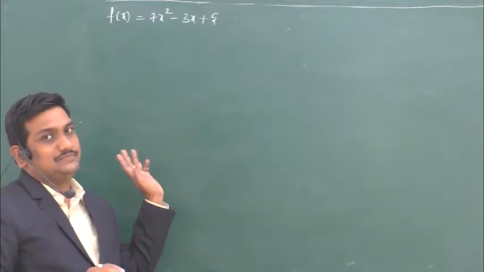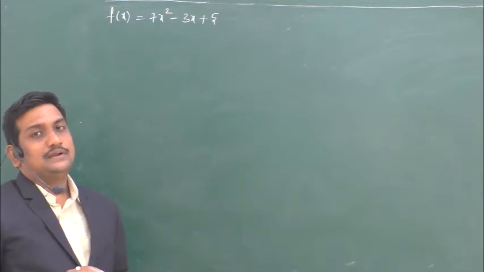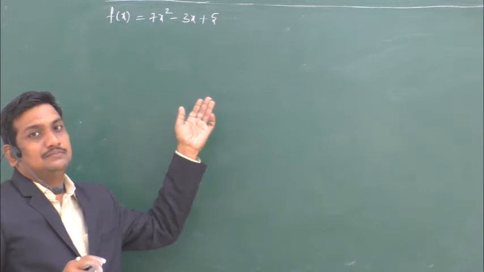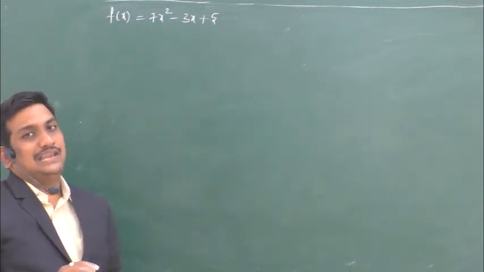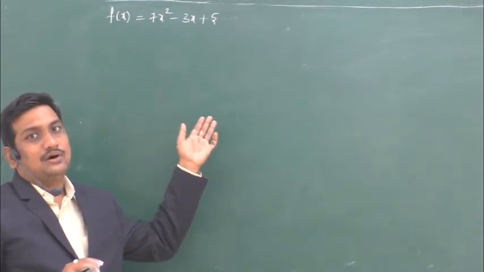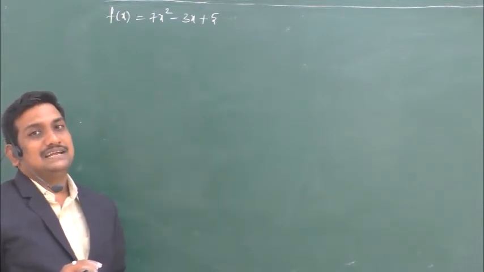Let us consider this example. Find the maximum or minimum value of x so that this function is maximum. Identify the values of x so that this function is either maximum or minimum by using the second derivative test.